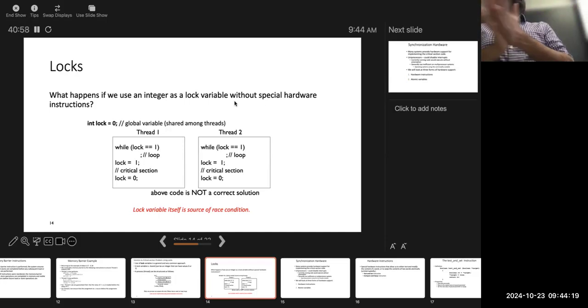So think about assembly, how you implement this while lock statement in assembly. When you translate it into assembly, it will not be a single hardware level instruction. It will be multiple hardware level instructions. So how will you do this lock?